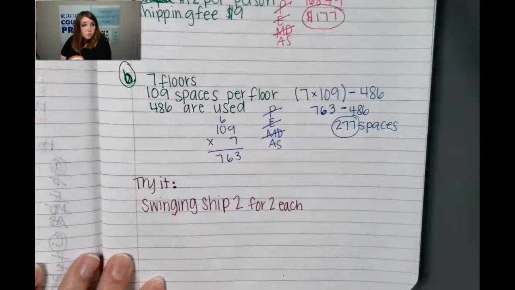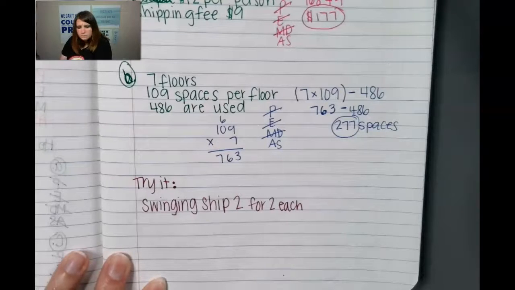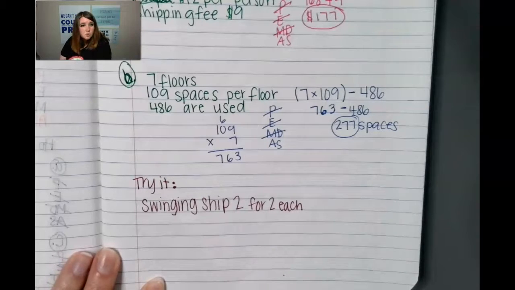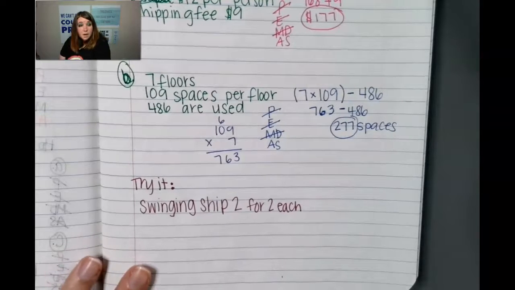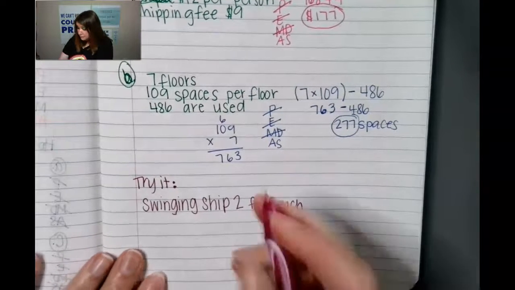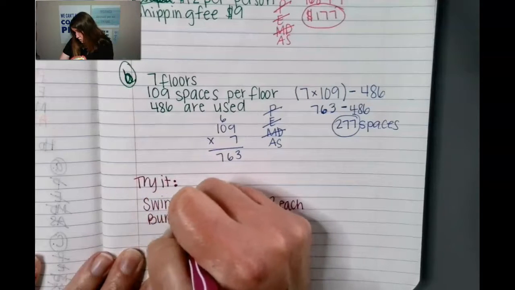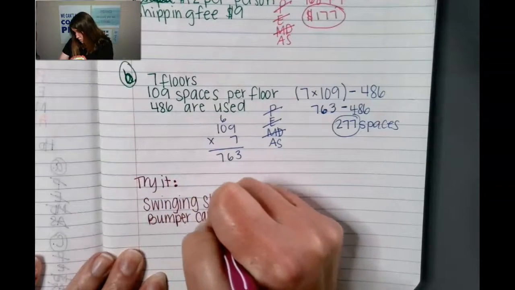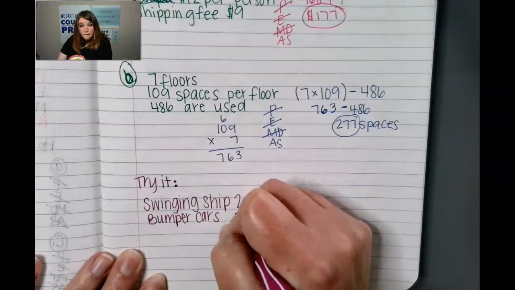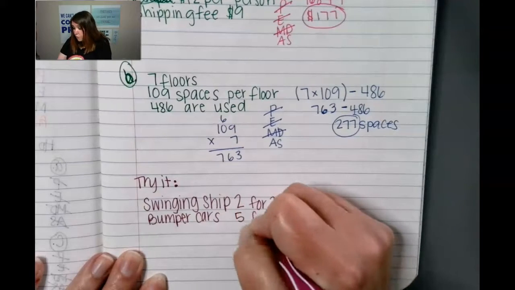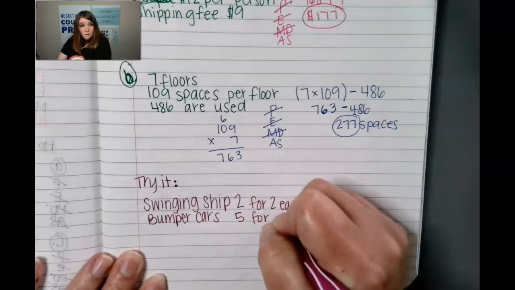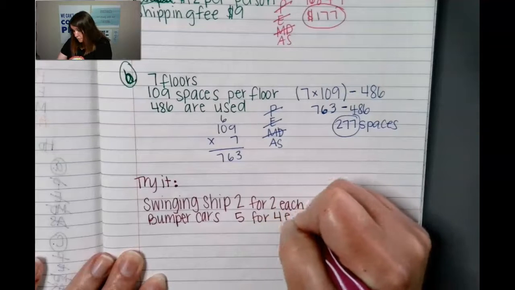And then you ride the bumper cars. Oh no, I lied. We'll go with twice, sorry. And then you ride the bumper cars 5 times for 4 tickets. So bumper cars, five times for 4 tickets each time.